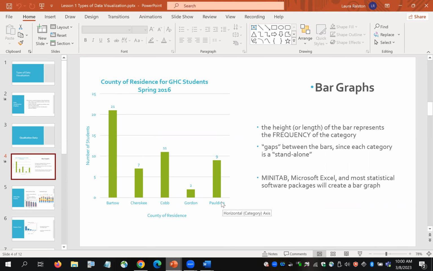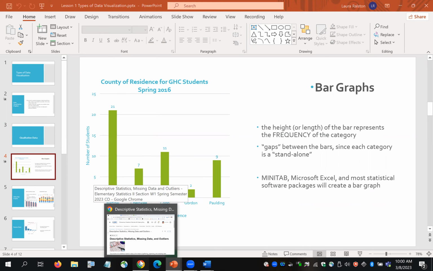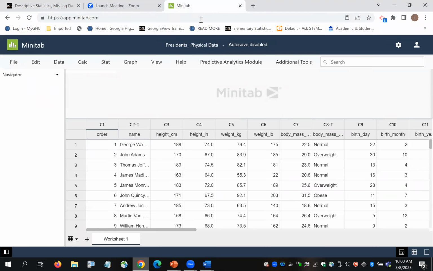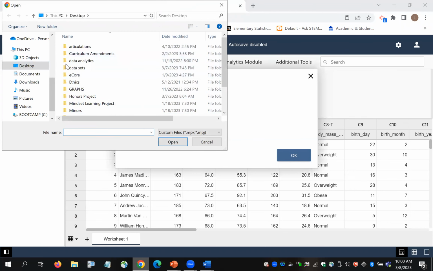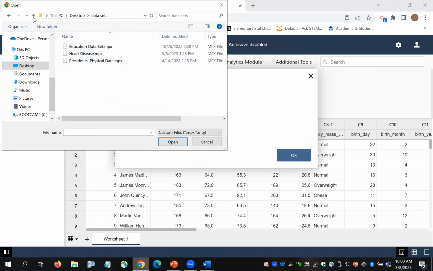Okay, but there are a few things that you have to do for yourself. So I'm going to pull up a completely different data set. I don't want to use the president's data in case some of you want to do that for your project. So I have a file of information related to the passengers on the Titanic, and I'm going to use it this morning.